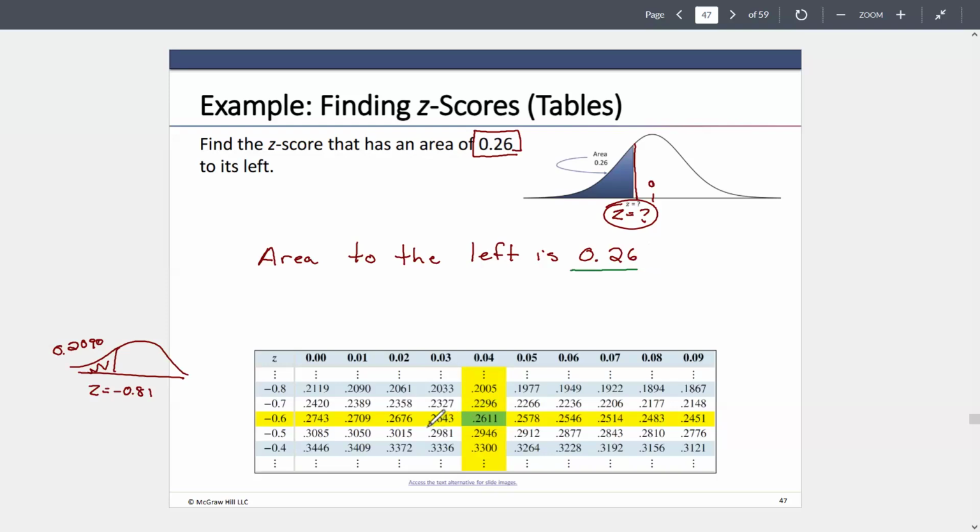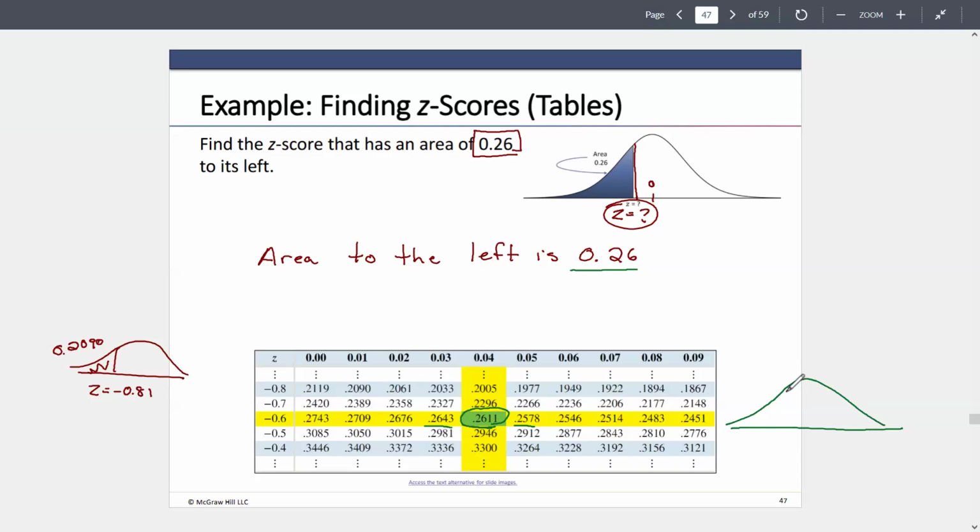I see 0.2643, that's kind of close. I have 0.2611, that's even closer. And 0.2578, that's also close. Which is the closest to 0.26? Of course, the one in green that's highlighted, 0.2611. This is as close as I'm getting to 0.26.